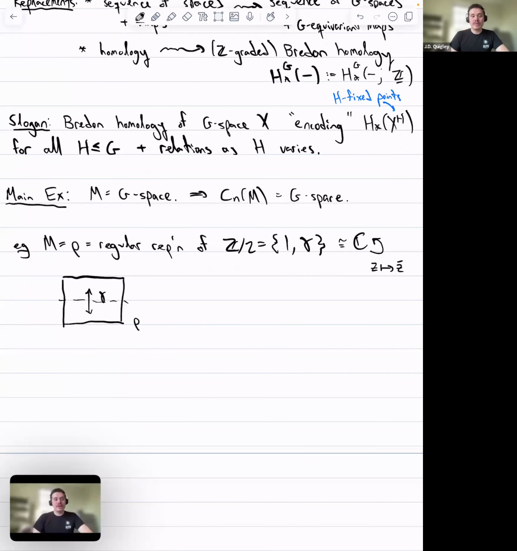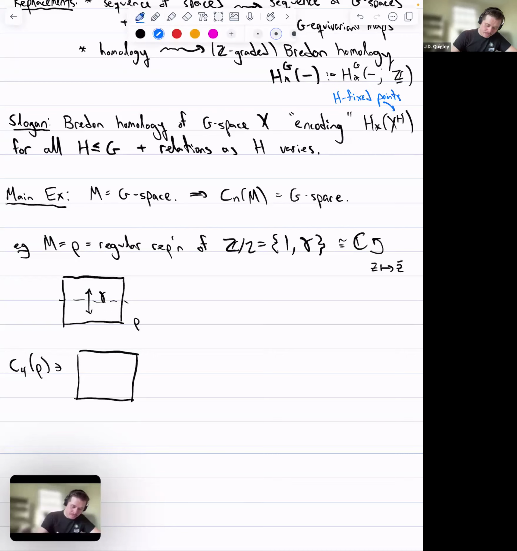Now, how does Z mod 2 act on configurations? So let's say I have a configuration of 4 points inside of rho. So maybe something like this. Then gamma acts on the ambient space. So it moves all the points inside rho.